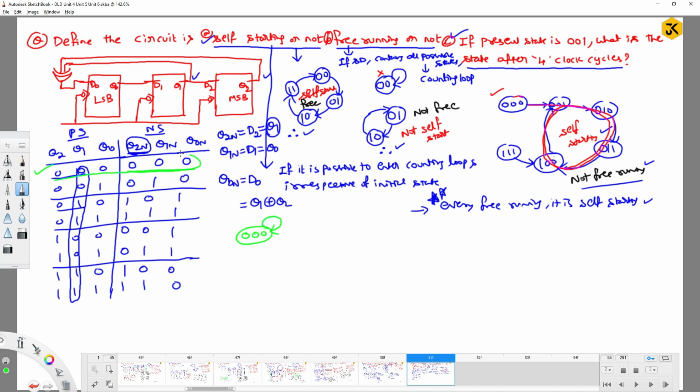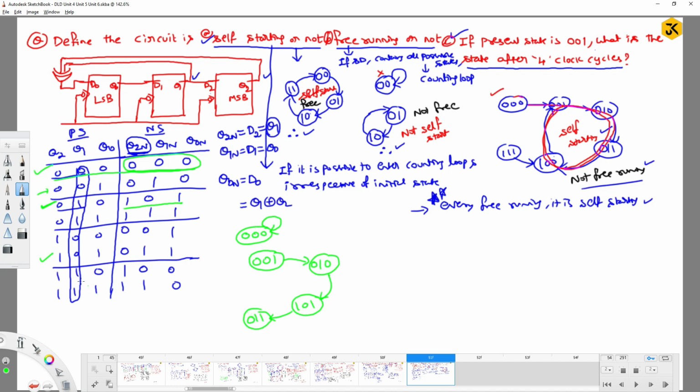If I am present at 0, 0, 1, next state will be 0, 1, 0. If I am present at 0, 1, 0, next state will be 1, 0, 1. If I am present at 1, 0, 1, next state will be 0, 1, 1.